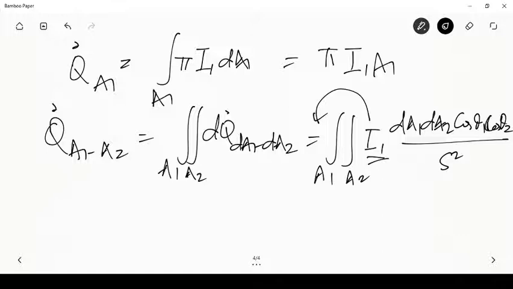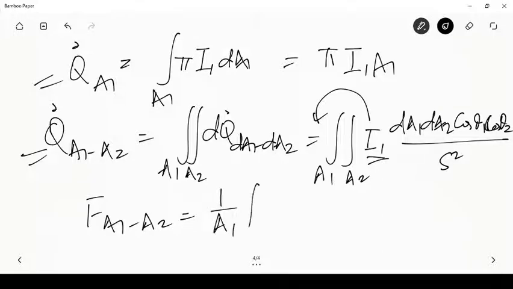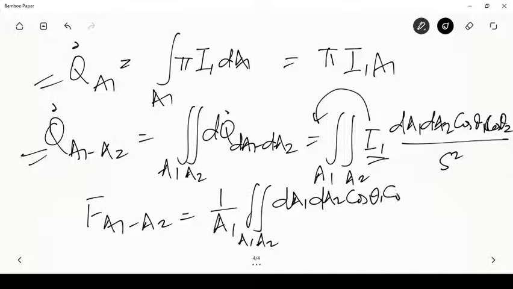So if I take the ratio F A1 to A2, which is this divided by this, the I1 would get cancelled out, the pi will go underneath and 1 by A1 will come. So that will be 1 by A1 integral over A1 and A2 of dA1 dA2 cos theta 1 cos theta 2 divided by pi s square.